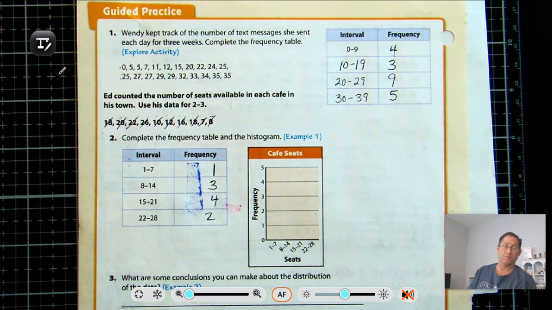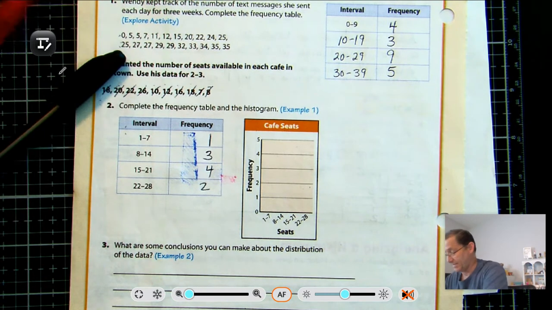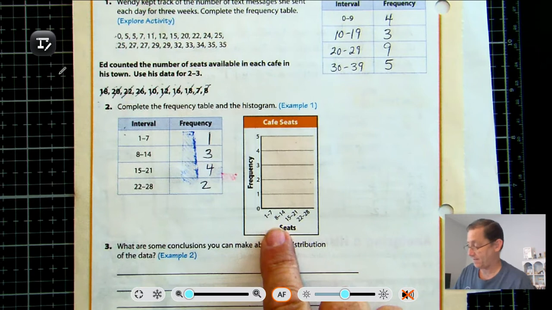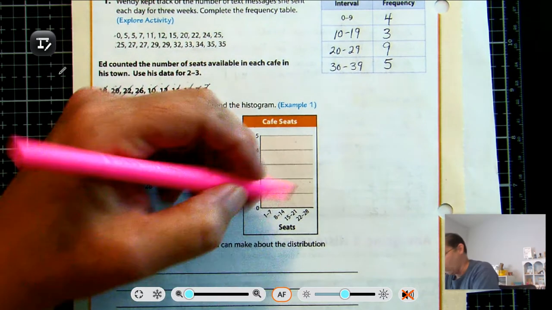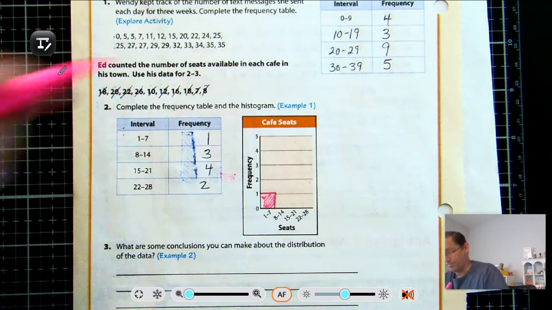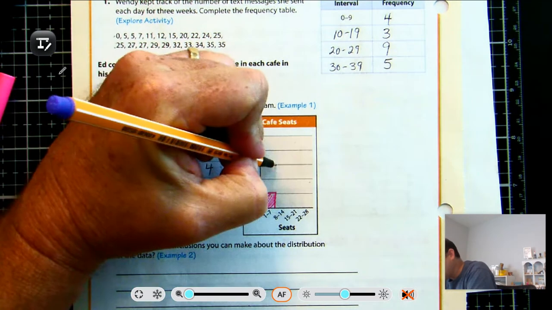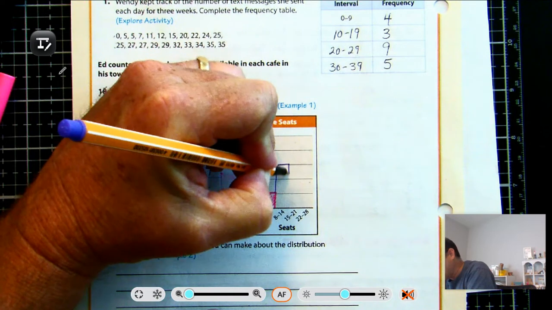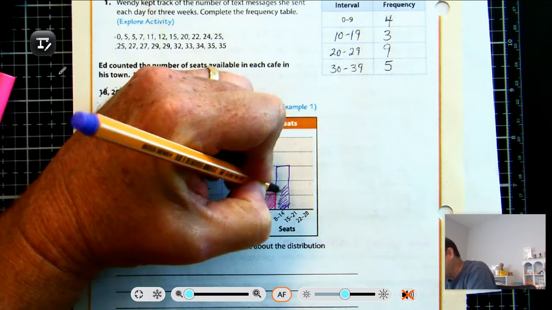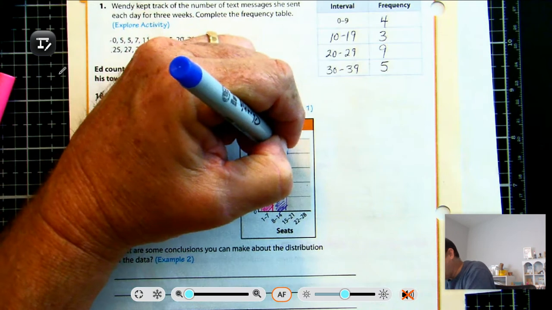All right, so we complete the frequency table now. How many cafes have 1 to 7 seats? Only one. 8 to 14 seats was 3. 15 to 21, 4.